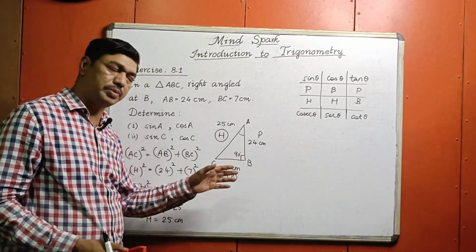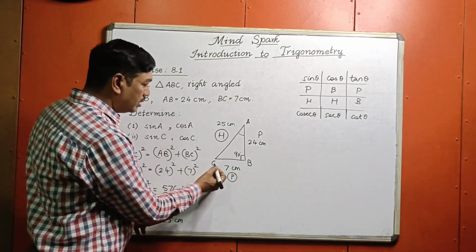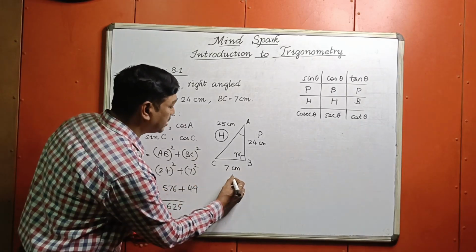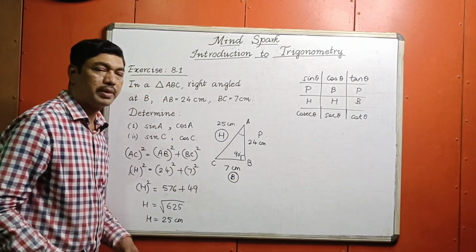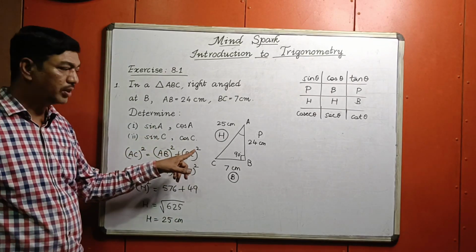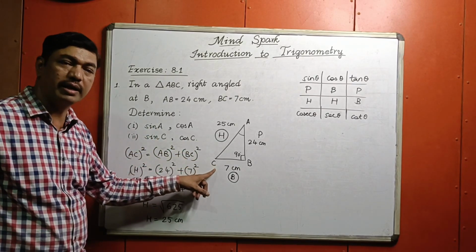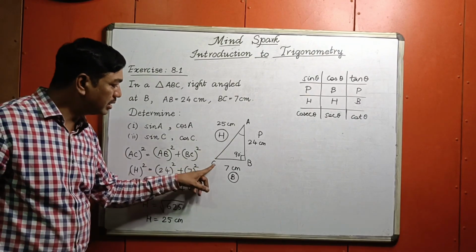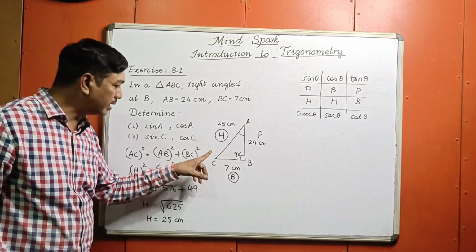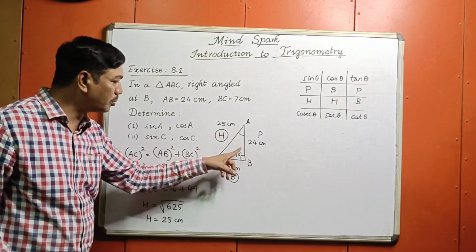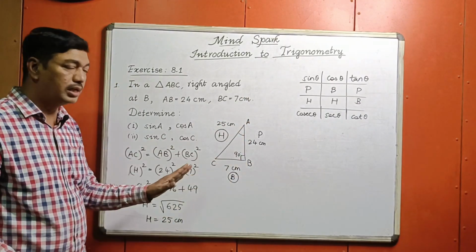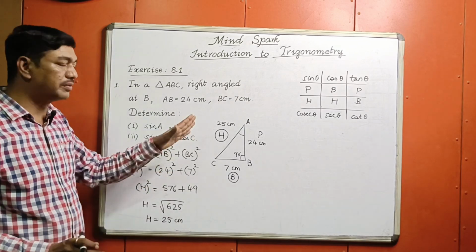And the side near to C is your adjacent side or base. Because they are asking about sin C and cos C, we should concentrate on angle C. The side near to angle C is your base, and the side opposite to angle C is your perpendicular AB. So you have to be very clear with your diagram.